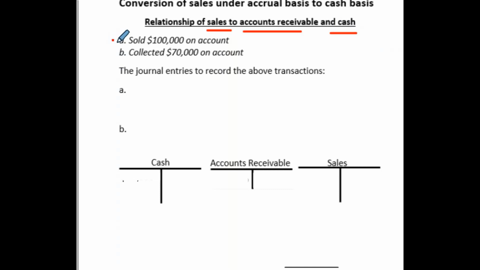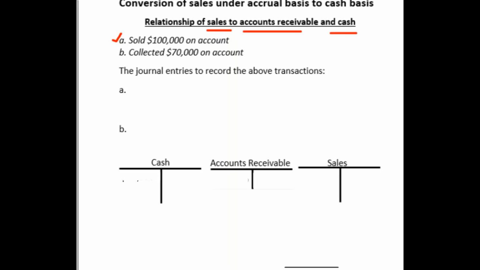Okay, there are two major phases to an accrued sale and cash collection cycle. The first one is we sell merchandise, goods or services to our customer, and we sell them on credit. In other words, they take delivery of the goods or services today and they promise to pay that amount in the future. So let's assume we sold them $100,000 worth of goods or services on account.